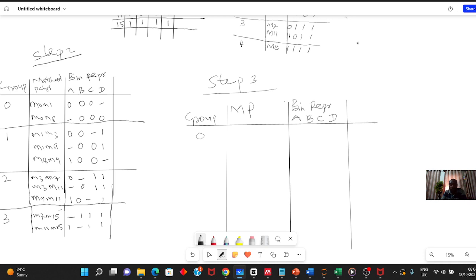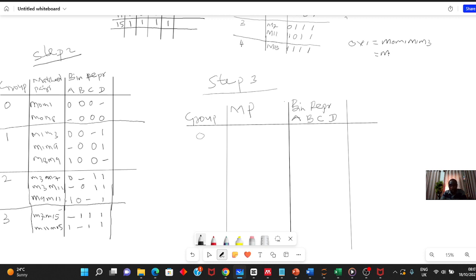So for group 0 mapping group 1, let's bring out all the possible combinations. For 0 mapping 1, all the possible combinations are: M0, M1 mapping M1, M3.